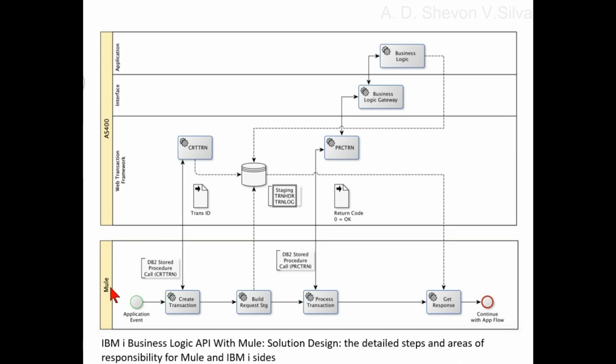Here you can see Mule and AS400. Here the application event is connected to create transaction. Create transaction is connected to build request. Here the create transaction interacts with CRTTRN via the DB2 stored procedure called CRTTRN, and CRTTRN is connected to staging here.